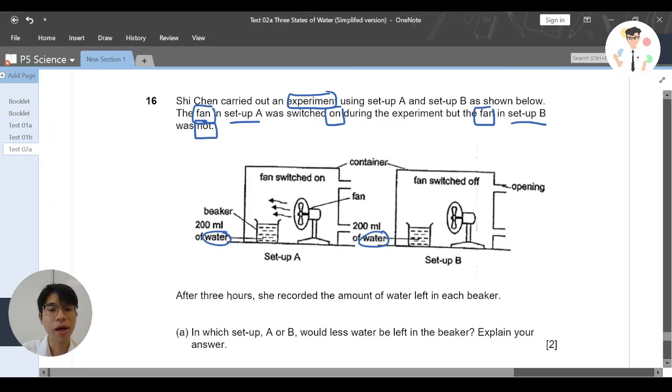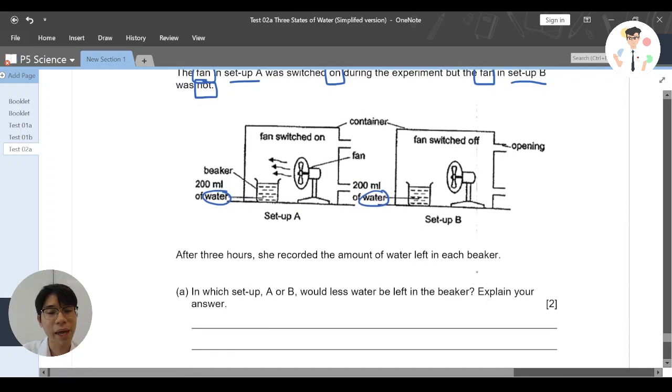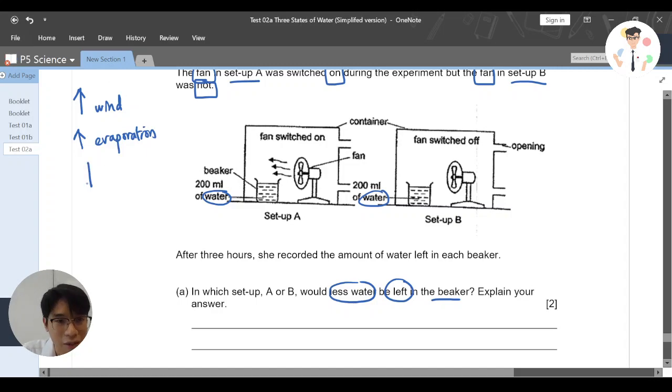After 3 hours, she recorded the amount of water left in each beaker. Which setup, A or B, would have less water left in the beaker? Now again, I know the greater the presence of wind, the greater the rate of evaporation. And when there's a greater rate of evaporation, there will be less water left.